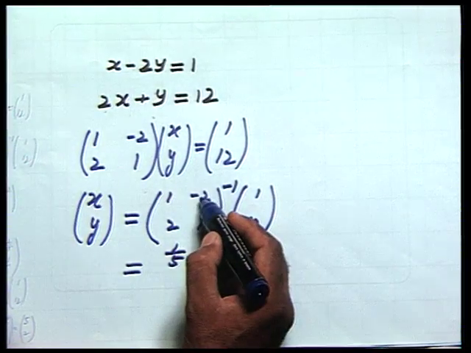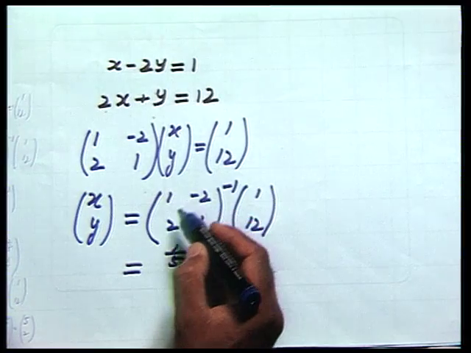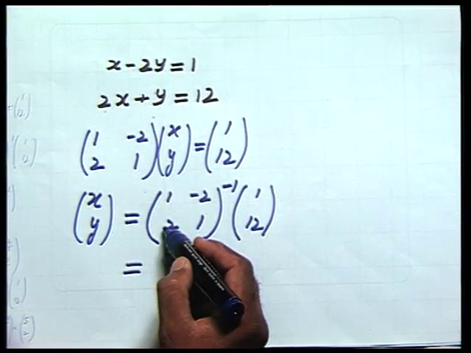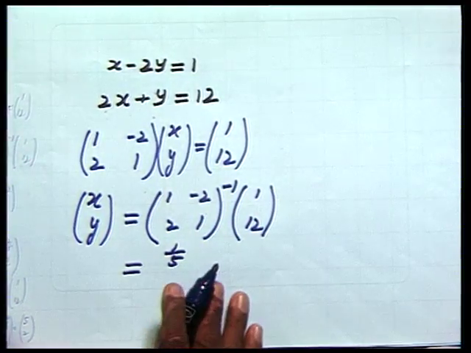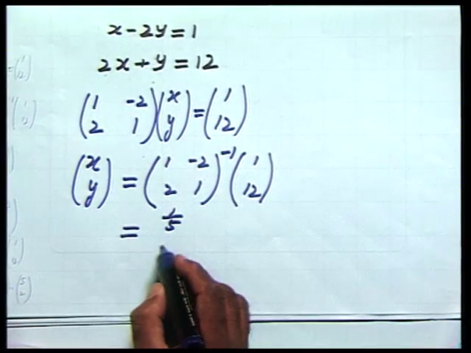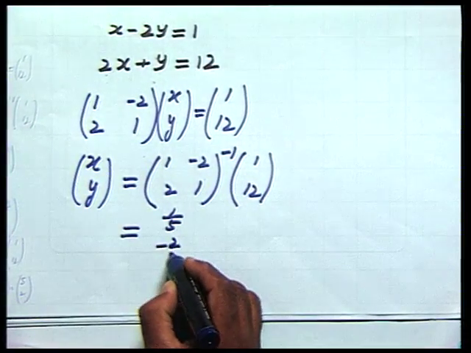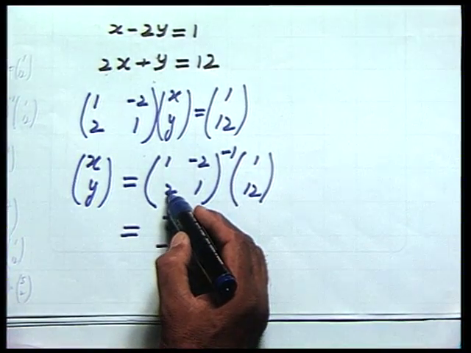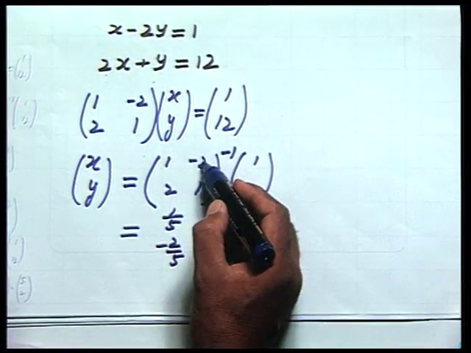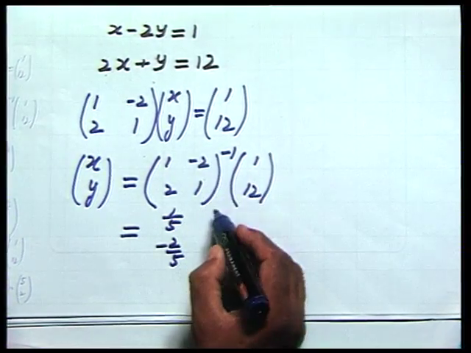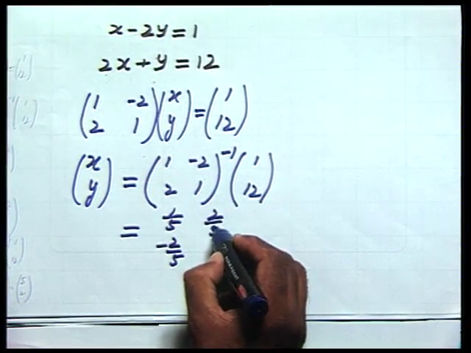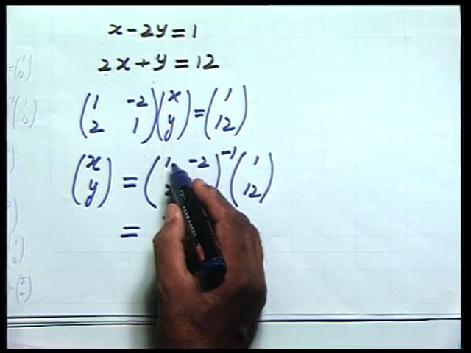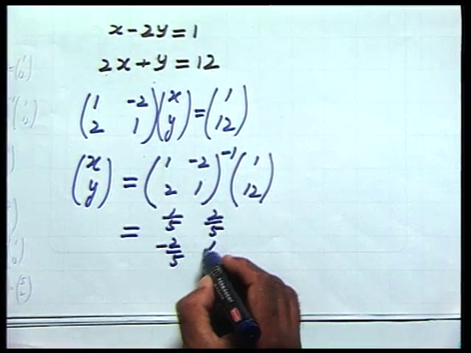Then what is the cofactor for minus 2? Negative 2, cofactor written here. So, the value of the element here is going to be minus 2 by 5. For 2, negative again, the cofactor is minus of minus 2, that means this will come out to be 2 by 5, and 1 is 1, which is 1 by 5.